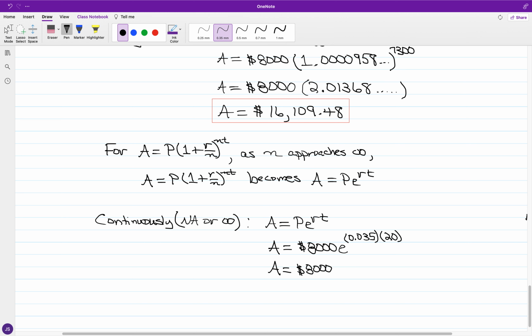While there are fewer characters to work with, you still have to be careful, especially if your calculator does not have the order of operations. So if you're working with E, you want to go ahead and take the product of the rate and the time. So 0.035 times 20, that's going to be 0.70.